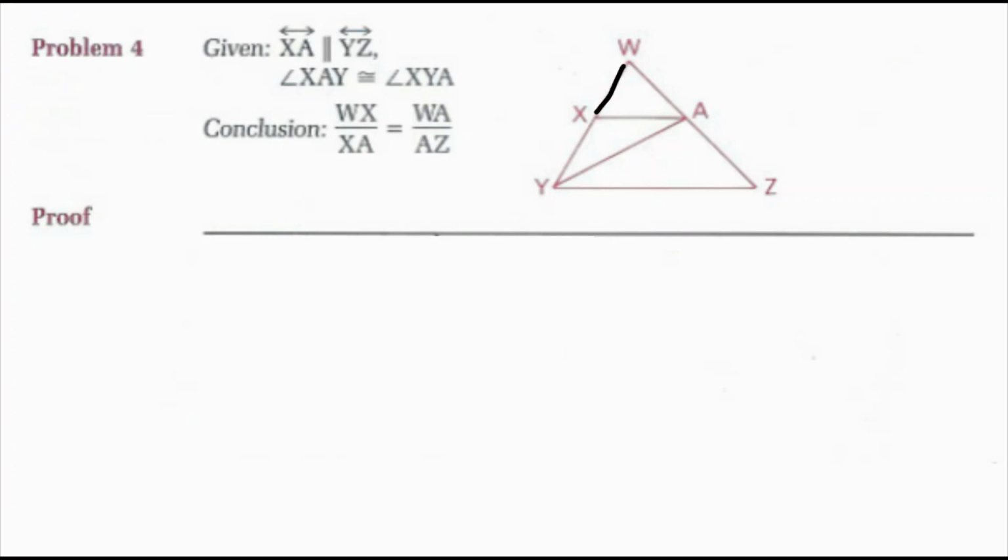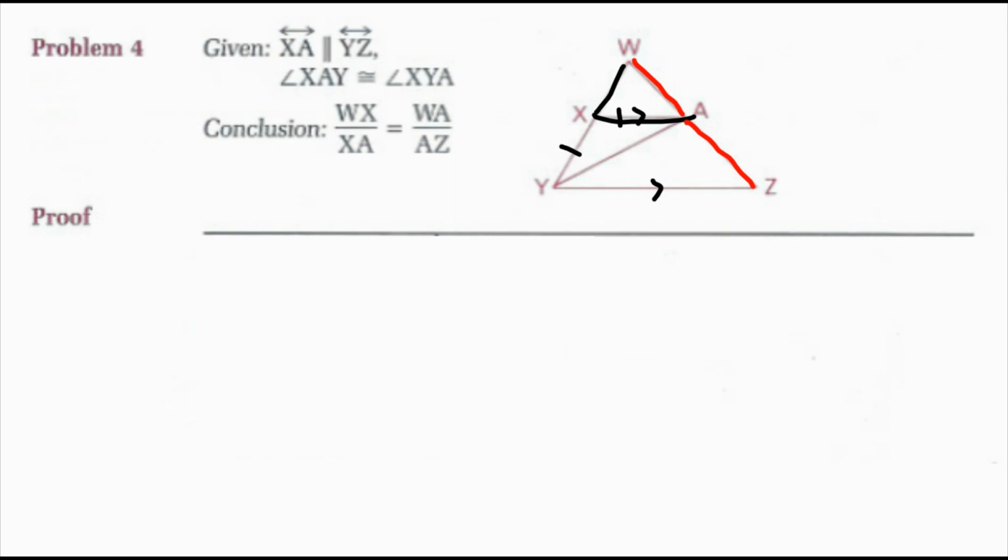Now, if I'm given that XA is parallel to YZ, I would have the side splitter theorem, which would tell me that WX over XY is equal to WA over AZ. So if I can show that XY is congruent to XA, then I could use substitution to have my conclusion.